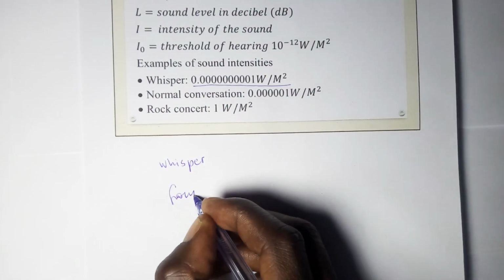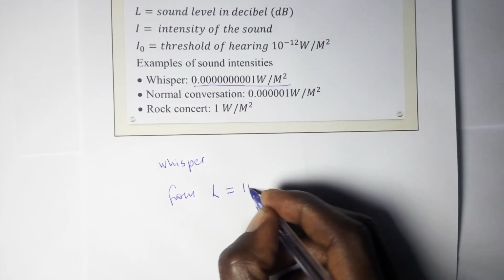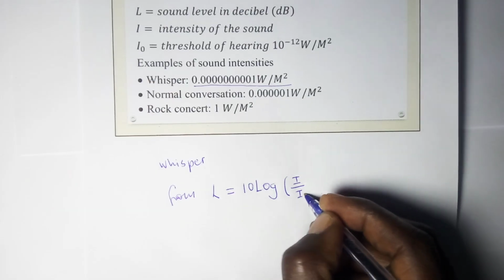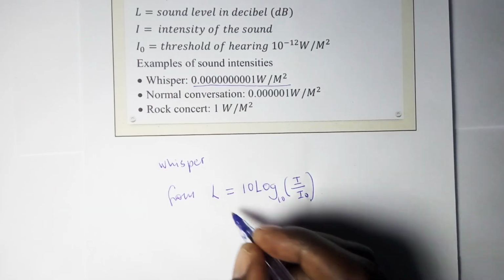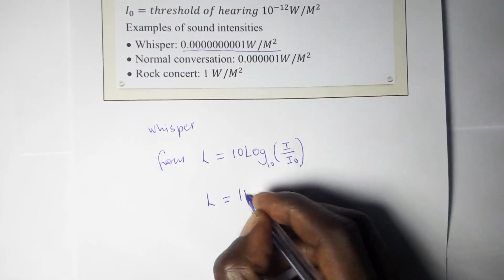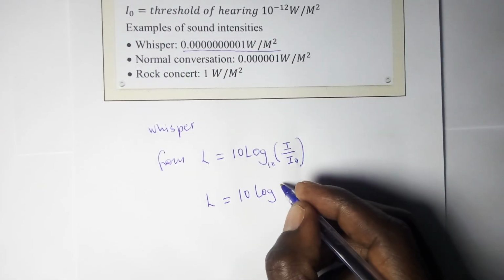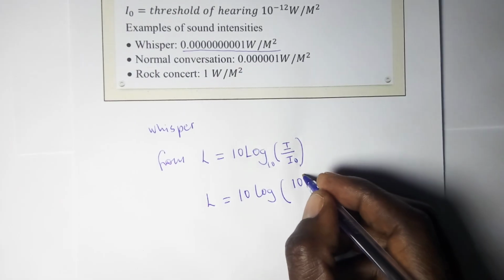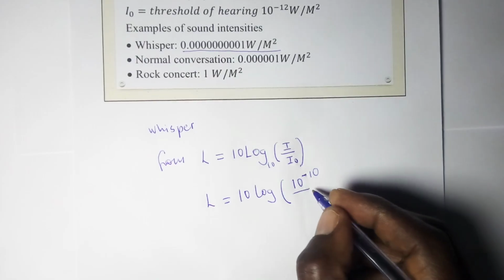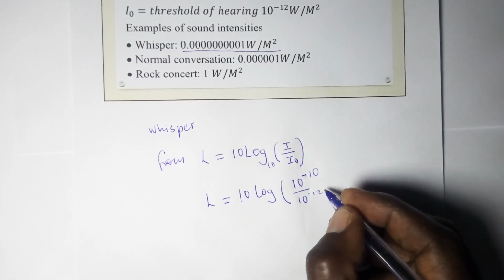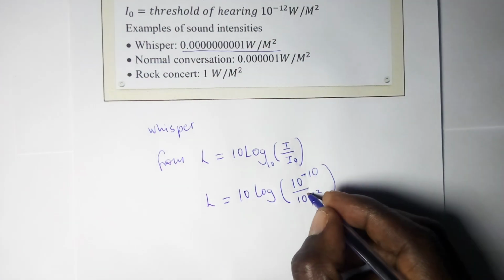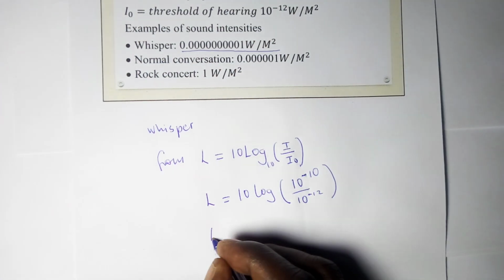From L equals 10 log of I over I naught, base 10, we shall have L equals 10 log of 10 power negative 10 over 10 power negative 12, which is the reference sound intensity.